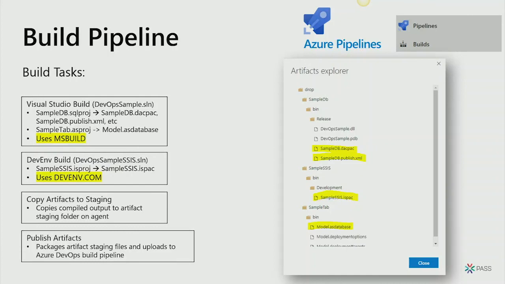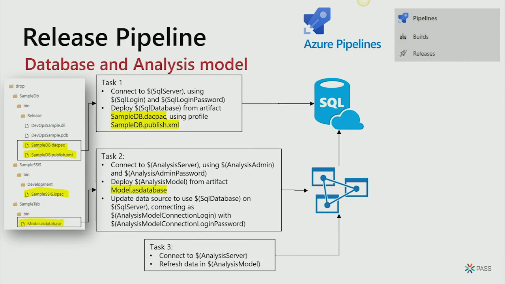Just to wrap up, my build pipeline that built the DevOps sample solution used MS Build under the covers. The one that used sample SSIS used devenv under the covers. Copy the artifacts to the staging folder and then publish those artifacts. Those are the same thing beyond that.